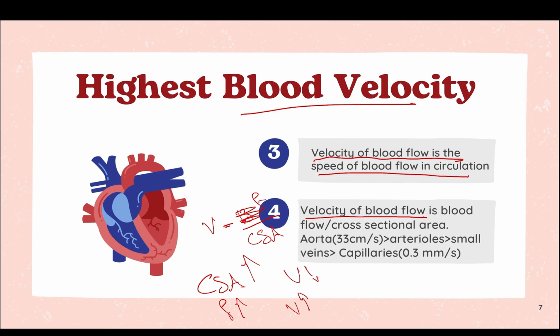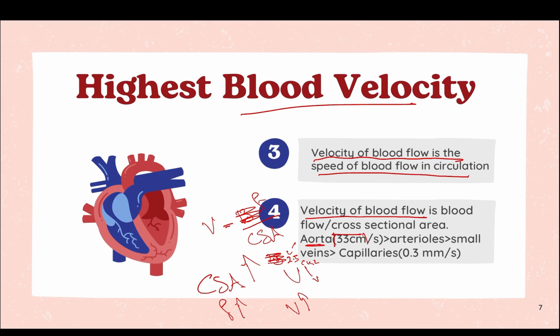Okay? So, since aorta has what? 2.5 as its cross-sectional area. Okay, that's bad handwriting, my bad. 2.5 centimeters squared as its cross-sectional area, then it would have the most velocity, it would have the highest velocity of blood flow.